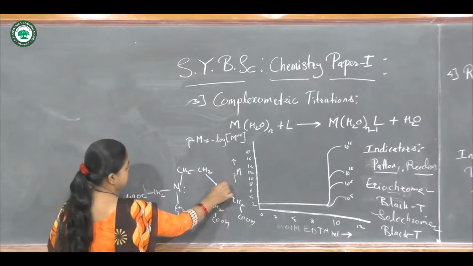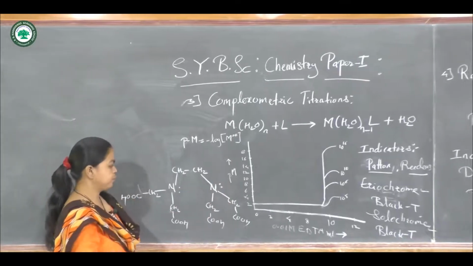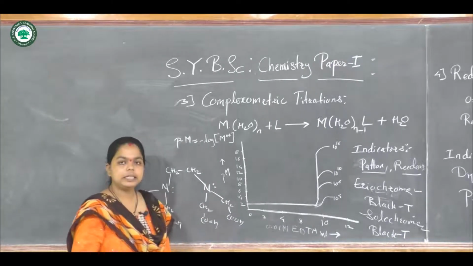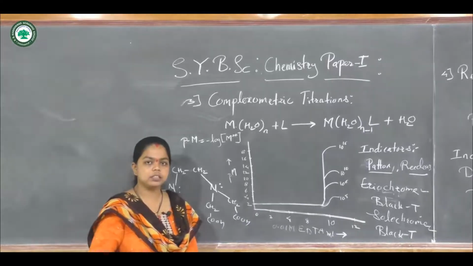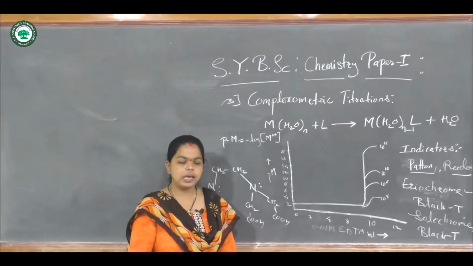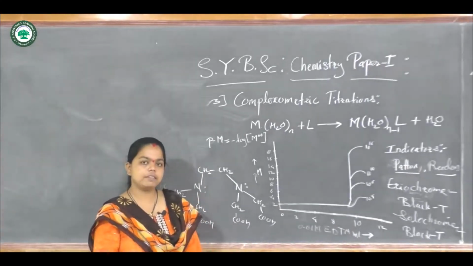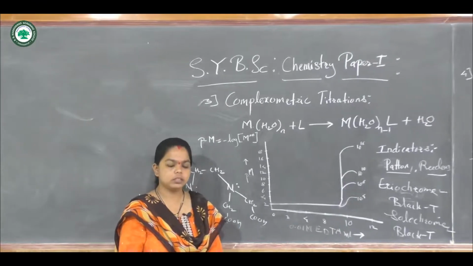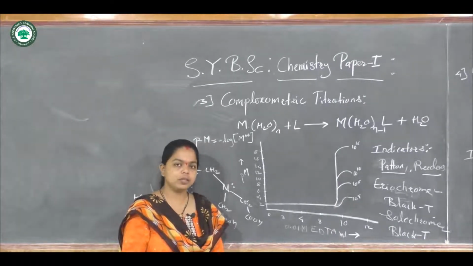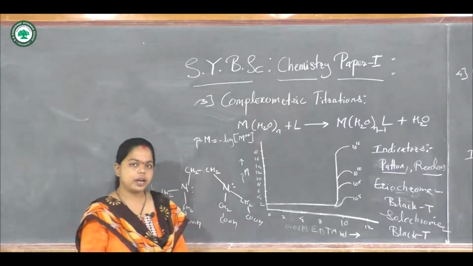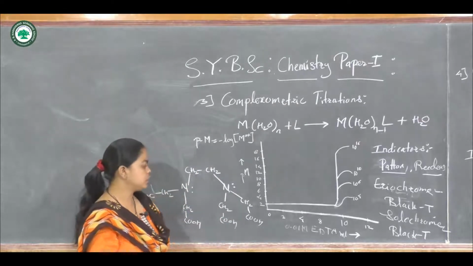So this is the structure of the EDTA we have shown here. Generally it is available as the sodium salt, the stable sodium salt. We can make a solution and use it in this type of titration.